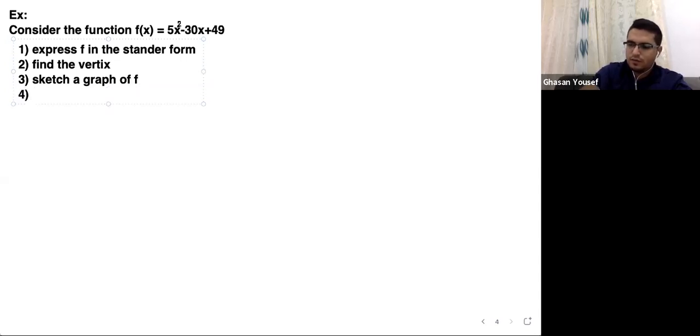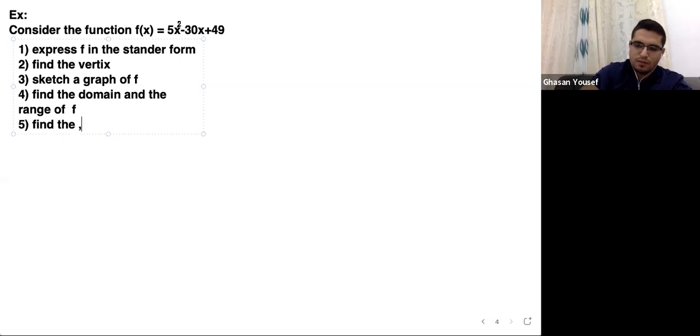Four, find the domain and the range of the function f. Number 5, find the minimum value or maximum value, it depends, of the function f.